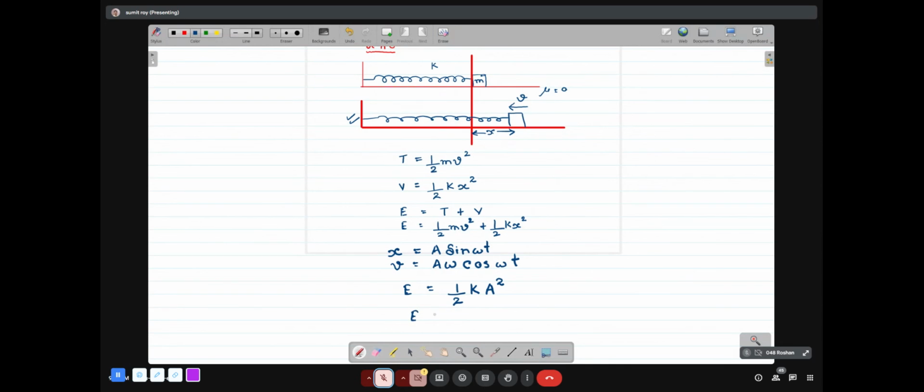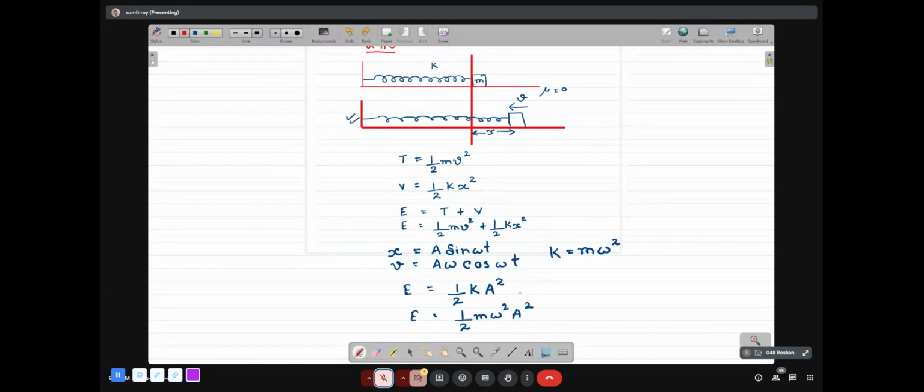You can calculate this. What was the formula for k that we have? k was equal to m into omega square. So this is half m omega square a square. Now tell me, which quantity here is variable? m, omega or a?